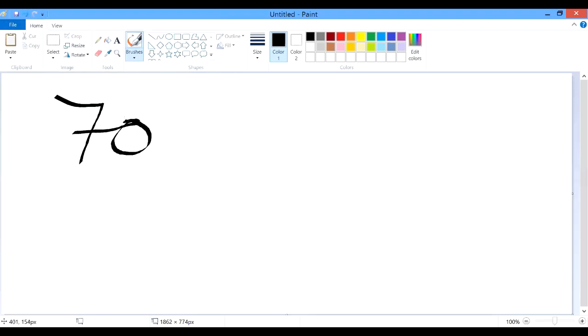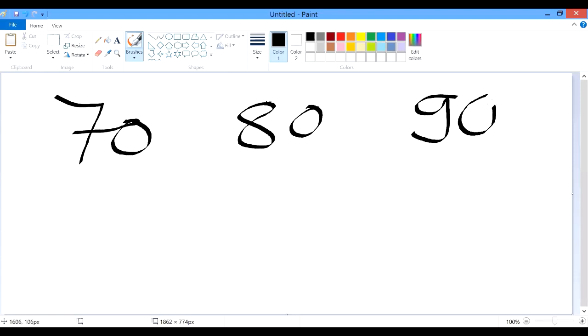Then 70, 80, 90. So in the 70, you can have the ta with an ekara with 0. One thing is common, that is the 0. Okay, you can see the 0 is common.